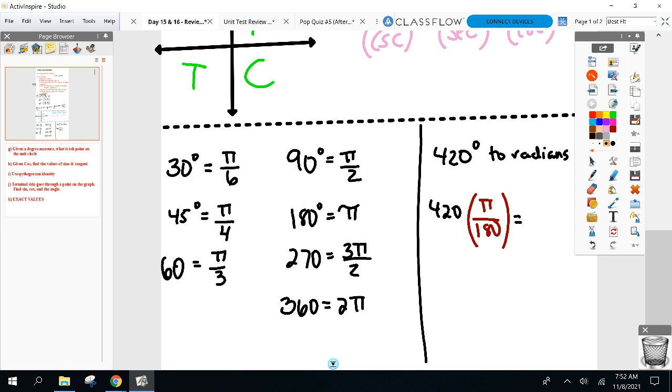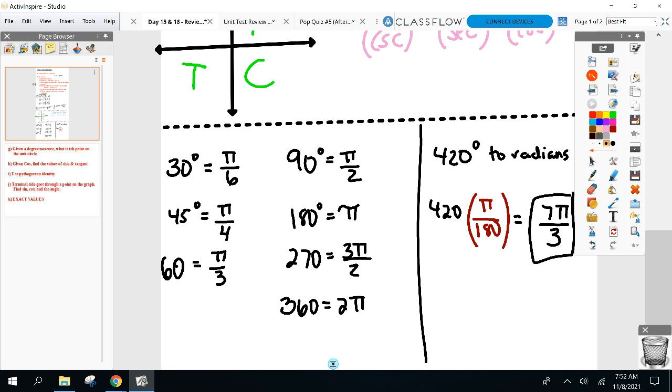I keep the pi in my answer, and what are you doing in your calculator now? So I don't put the pi in there, but I do put what in my calculator? 420 over 180 and reduce that. So let's see. Those will cross out. 7/3, I'm going to say. Yeah. If anybody wants, there you go, 7/3. So 7 pi over 3.